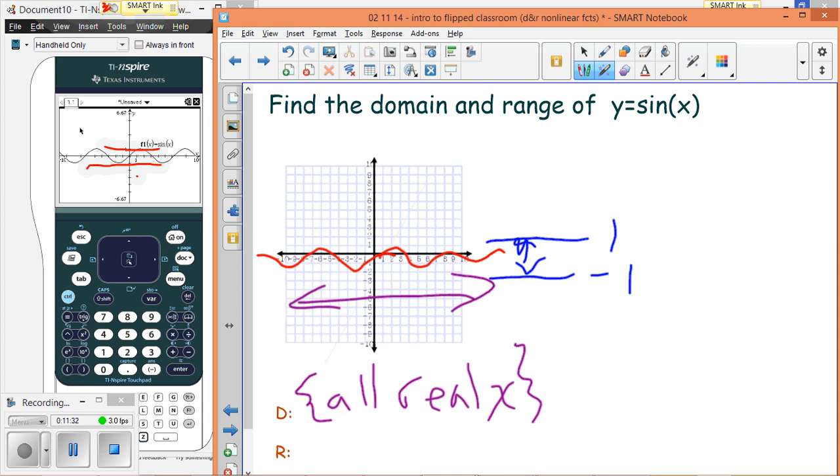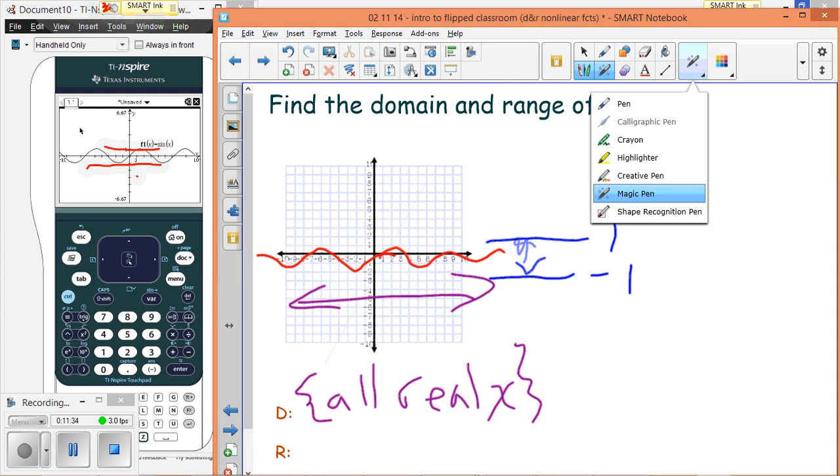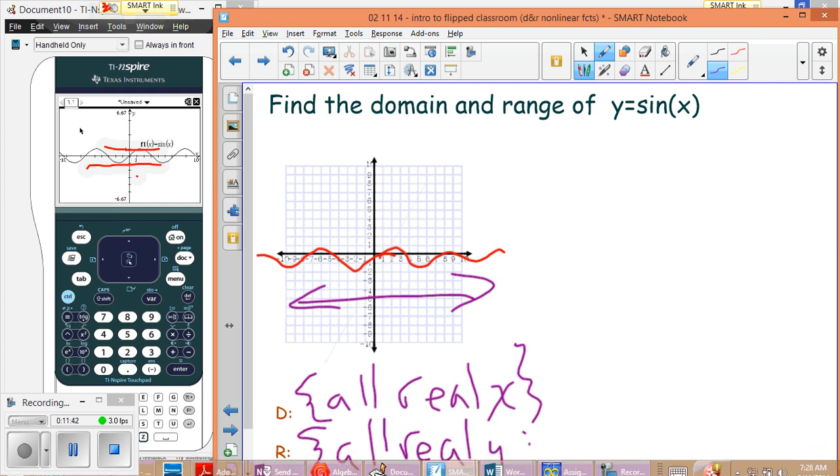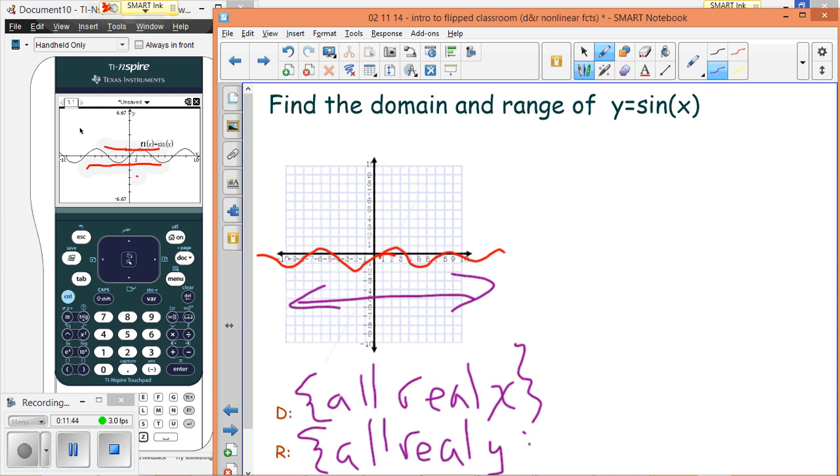So this is one of ours where we have two restrictions, an upper bound and a lower bound, which we have talked about in class. So we say all real y such that, and remember we put them in order from smallest to greatest, -1 and 1. Y goes in the middle, and I say -1 is less than or equal to y is less than or equal to 1. That's the way I write a range where you have a lower bound and an upper bound. Okay, I'm going to move on.